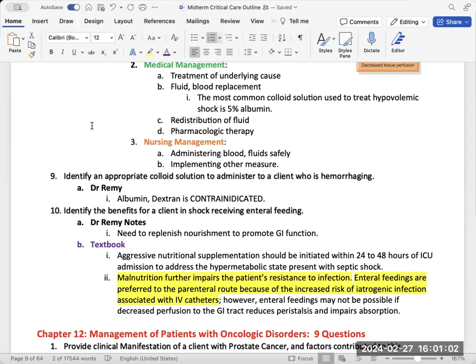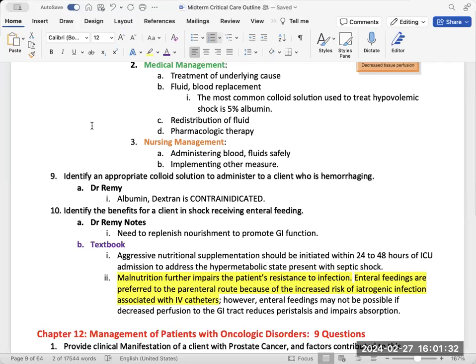It's also probably better because imagine laying this person all the way flat, or with the head lower than the feet, when they're already suffering with tachypnea and having trouble breathing. Putting their head all the way down, they'd probably suffer even more from that. So I think it makes sense that modified Trendelenburg would be the preferred position for someone who has hypovolemic shock.